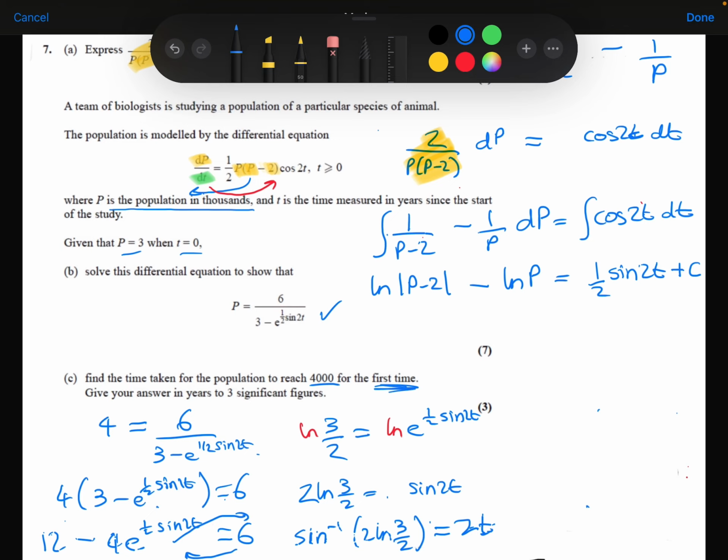So sine inverse of 2 ln 3 over 2 gives me 0.945, so 2t is 0.94 and so on, divide by 2 and we get 0.47. Three significant figures, so 0.473. And that's the time taken in years, because t is measured in years, to three significant figures.